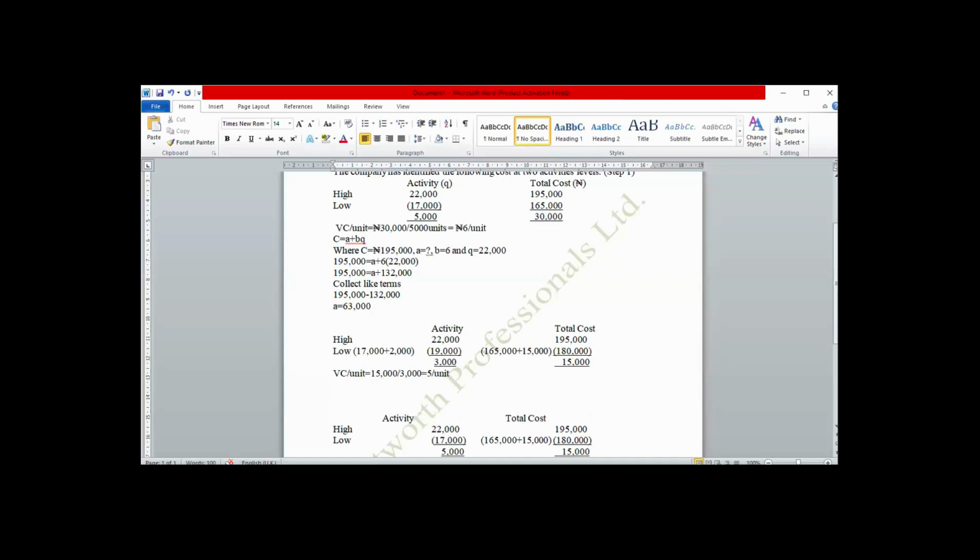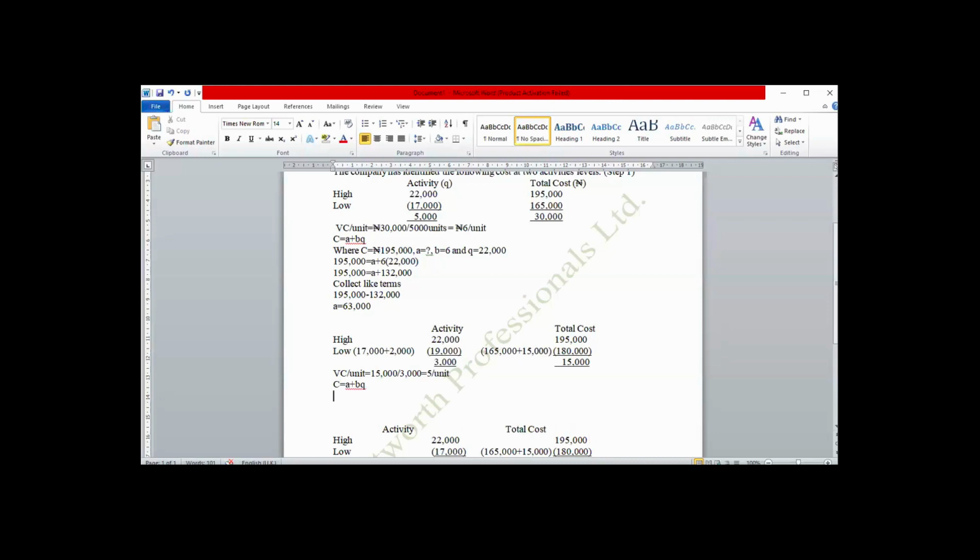Let's look at it. Taking into consideration, C is equal to A plus BQ. What is our C here? Are you all with me? Yes, sir. Now, when we are using 19,000, that is what we use to get the fixed cost. We can now compare and see whether we're on the same page or not.